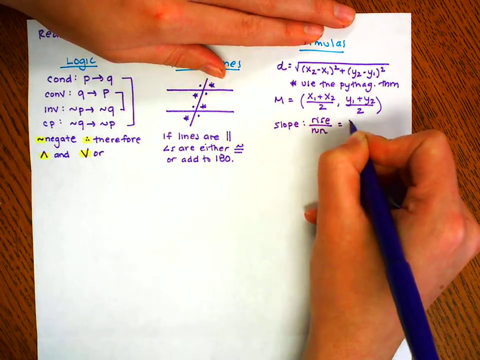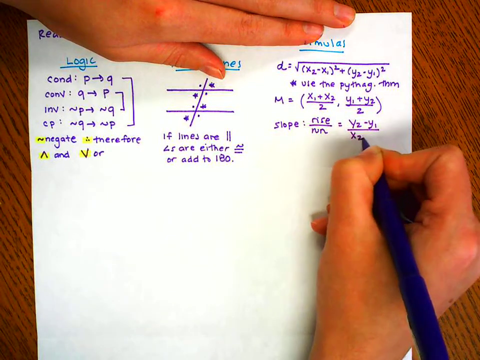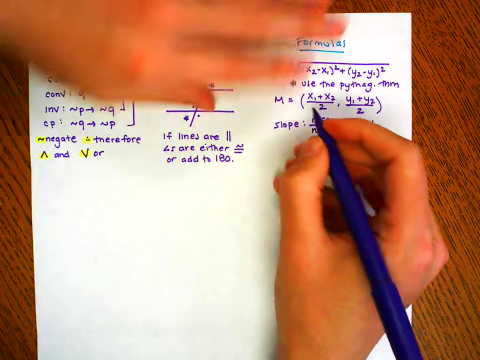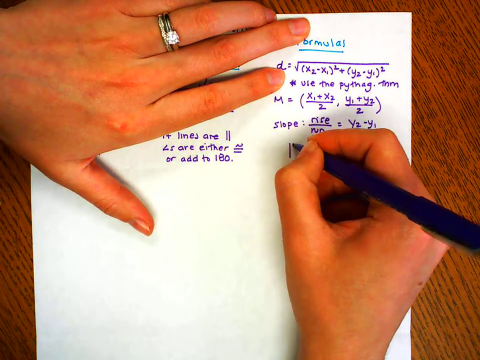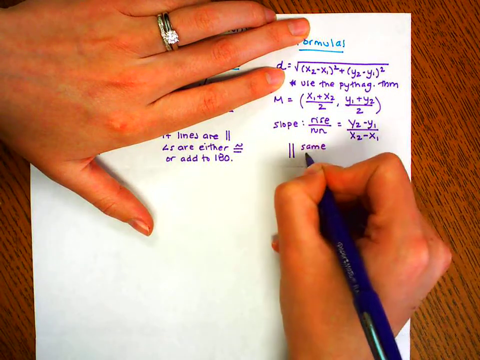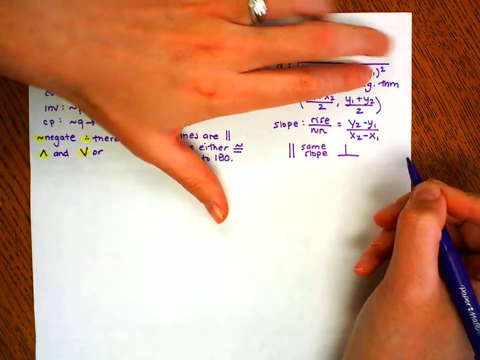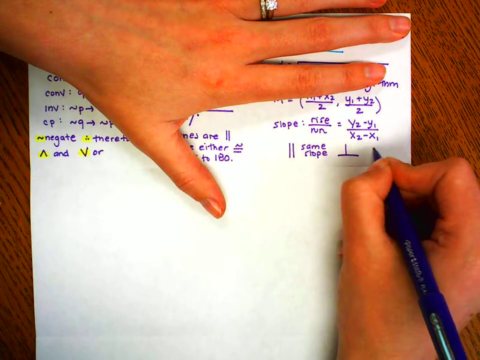And if we turn that into a formula, we get the change in the y's over a change in the x's. There's two more things that are important. If I want my lines to be parallel, I'm going to have the same slope. If I want my lines to be perpendicular, the slopes are going to be negative reciprocals.